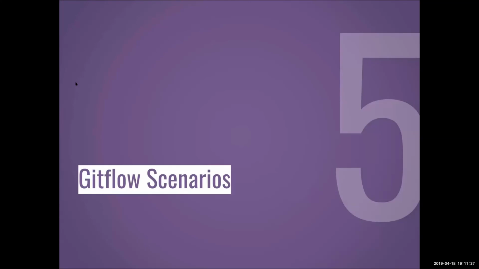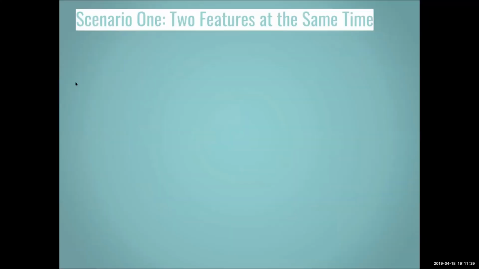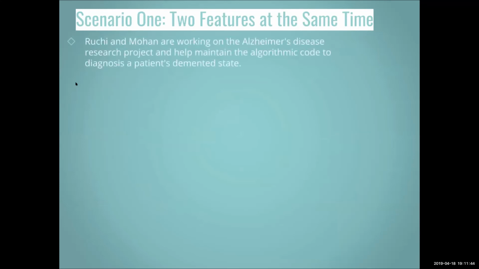So let's go over some GitFlow scenarios. Scenario 1 covers two features at the same time. We have Ruchi and Mohan, who are working on the Alzheimer's disease research project and help maintain the algorithmic code to diagnose a patient's demented state. Sounds like some awesome software.